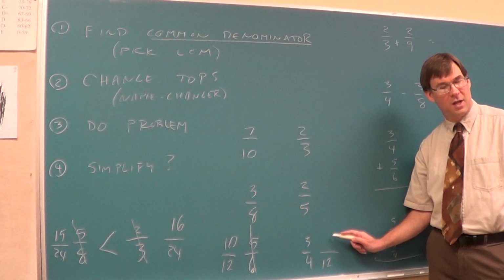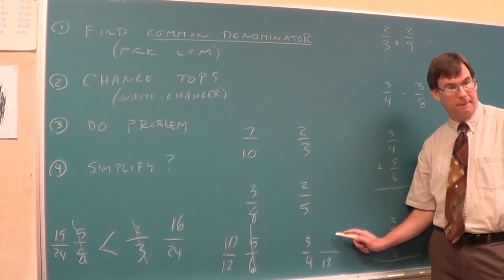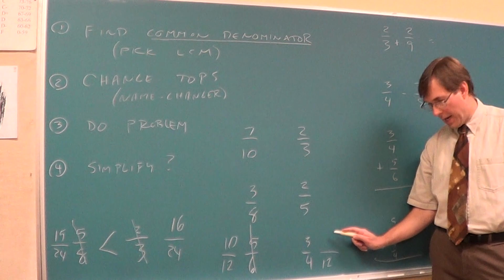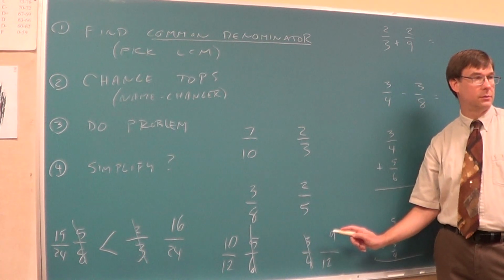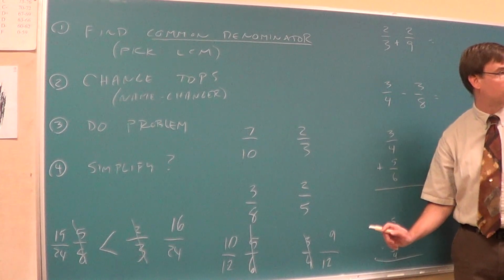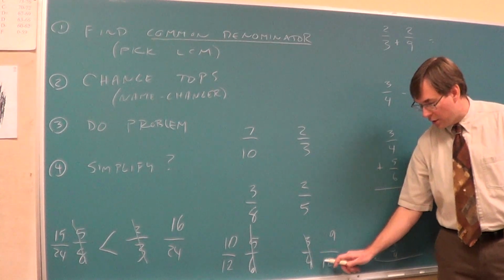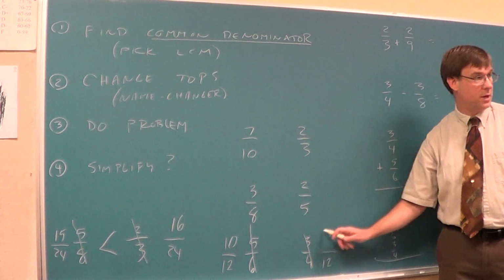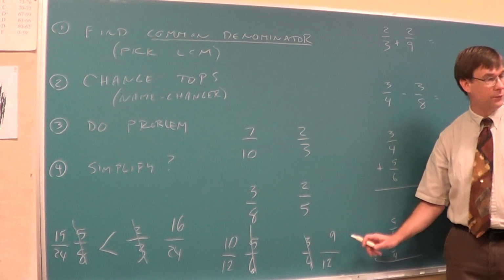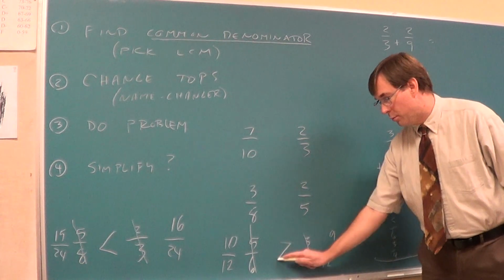Oh, you added it instead of multiplying. 9. Yeah. Anybody question how they made those tops? I don't understand how they did those. Okay, so he multiplied the bottom by 3, so you multiply the top by 3. Is that good? Then once you did that, boom, 10 beats 9.